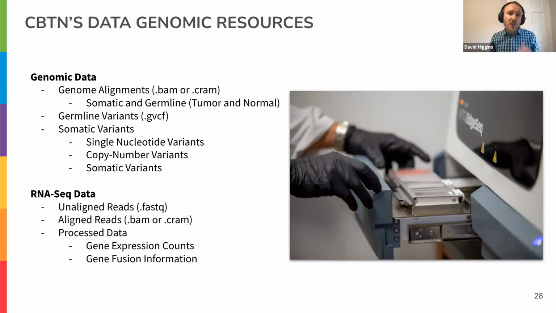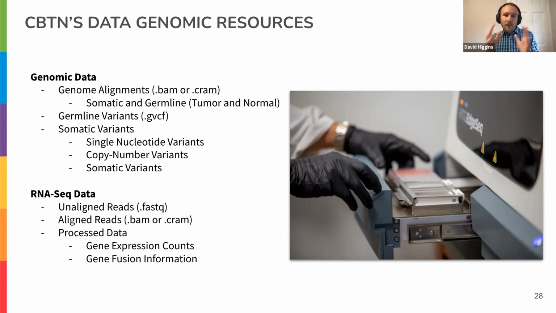We provide both somatic alignments, that is, the alignment of the tumor tissue itself, and germline alignments, the germline tissue in the participant, tumor and normal. We've already taken that alignment and run it through our pipeline to identify variants, points in the genome that are different from the human reference genome.